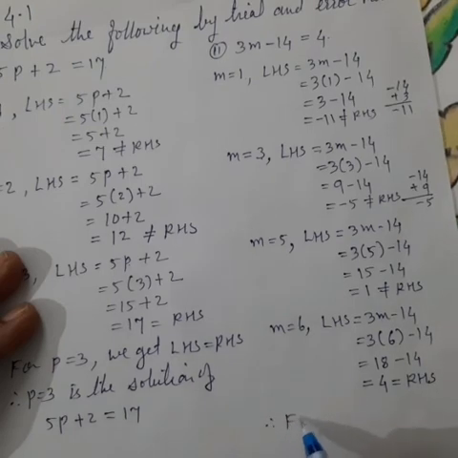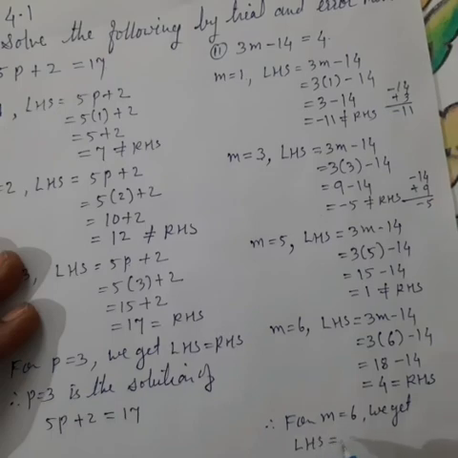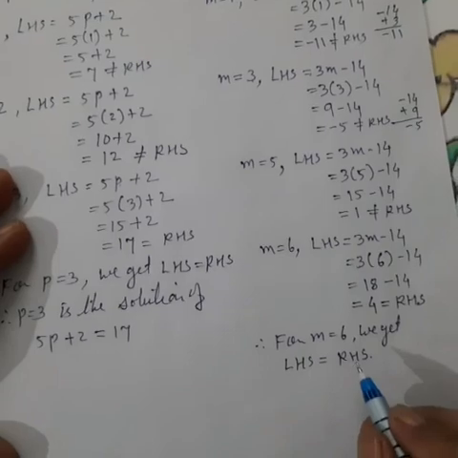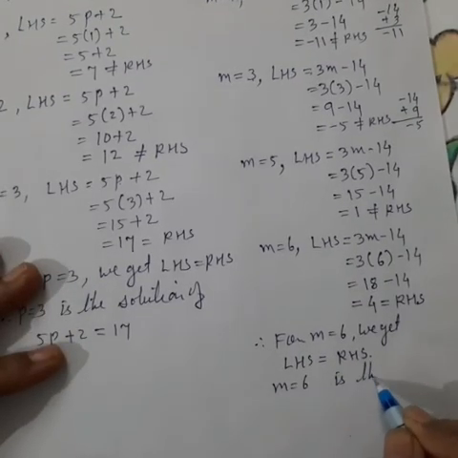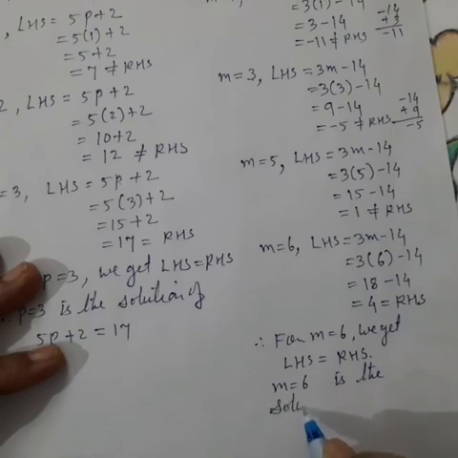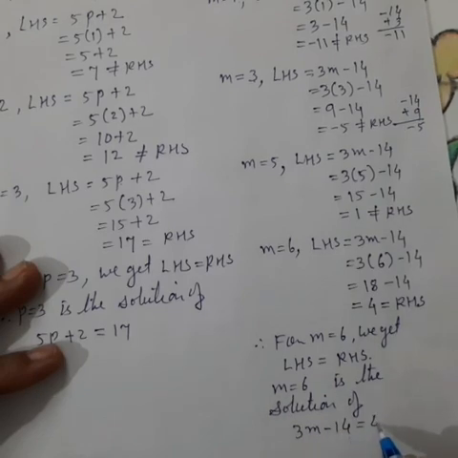Therefore, for m equal to 6, we get left hand side equal to right hand side. That's why m equal to 6 is the solution of this equation, 3m minus 14 equal to 4.